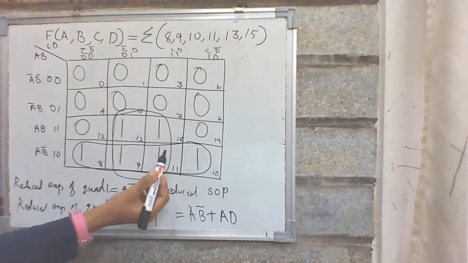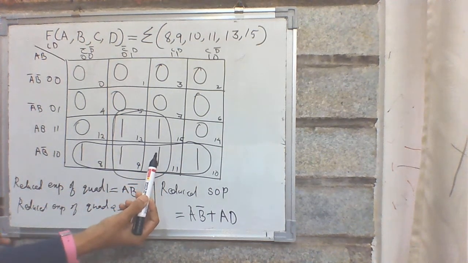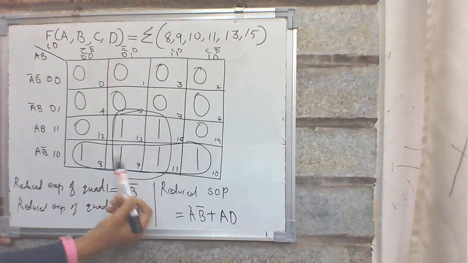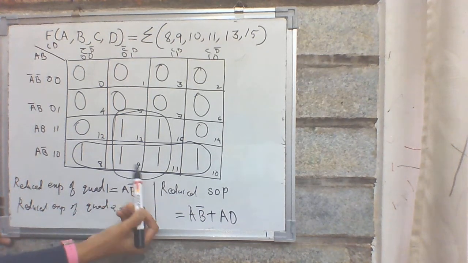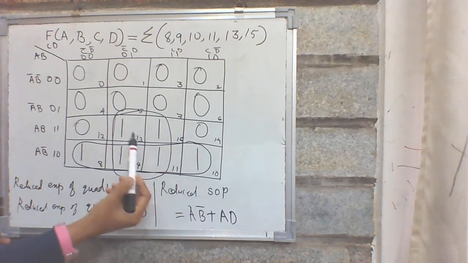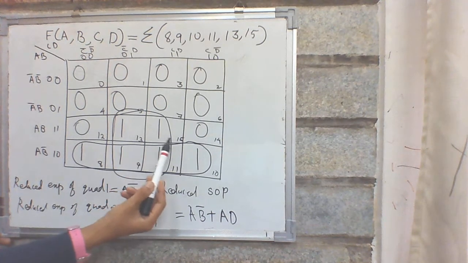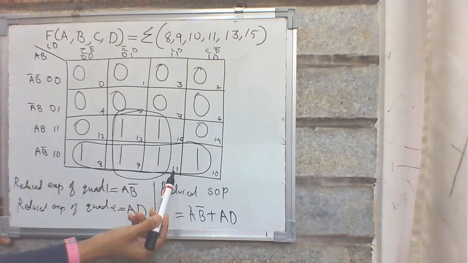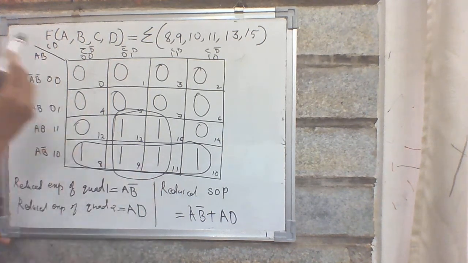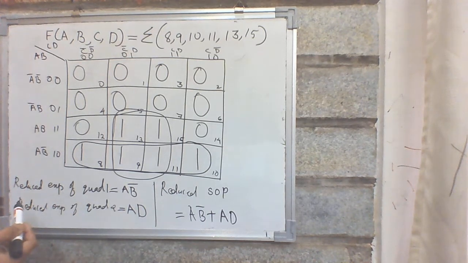That is, in this Karnaugh map there are two quads. First quad is 8, 9, 11, 10. Second quad is 13, 15, 9, 11. If you want to find the reduced SOP using a Karnaugh map, first we need to check how many variables are used.